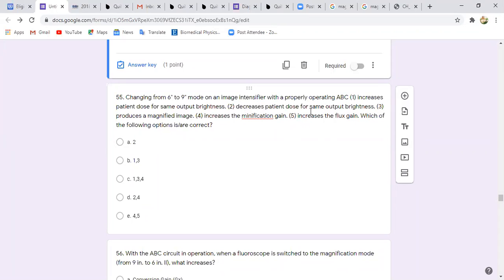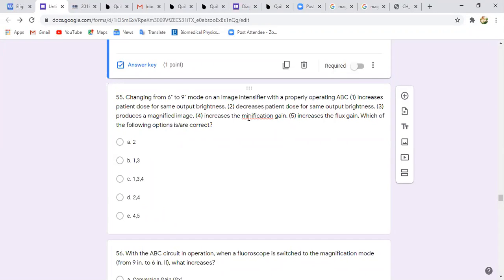We are decreasing the patient dose for the same output and brightness, because we now make use of a larger area of the input phosphor, and by doing that, there wouldn't be a need to increase the AEC. AEC wouldn't activate the machine to increase the exposure. So it will decrease the patient dose if we switch from 6 to 9.